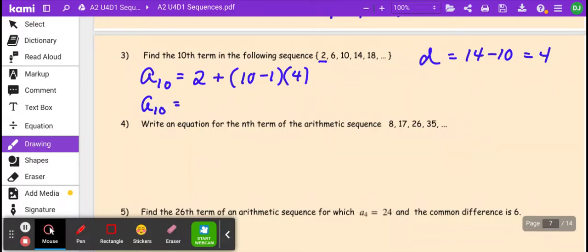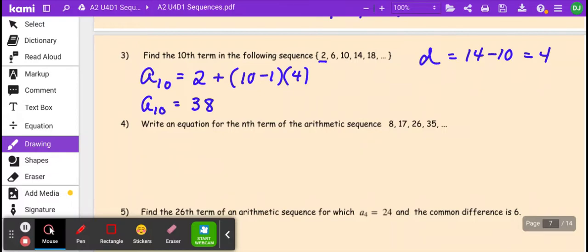Then here's where you might want to use your calculator, to at least check your mental math. I know you could all do this in your head, but 9 times 4 plus 2, check it out. Did you get 38? That would be the 10th term. Okay, hopefully, whoop, whoop. Let's look at the next one.